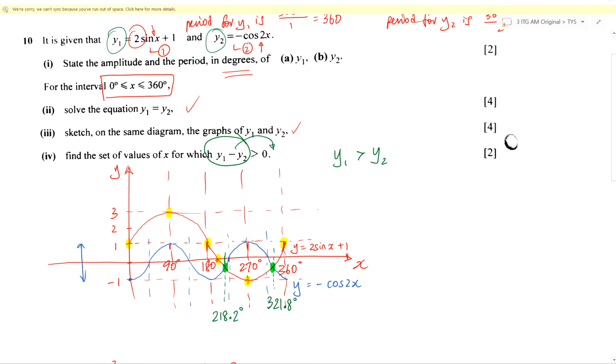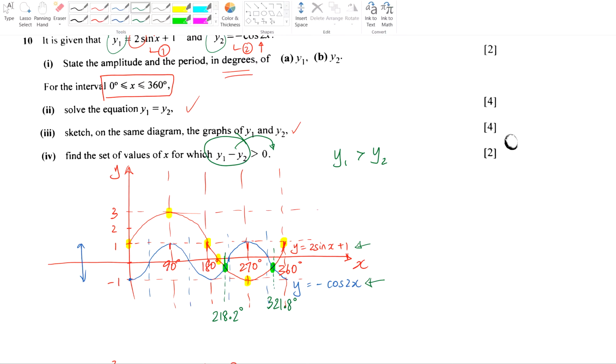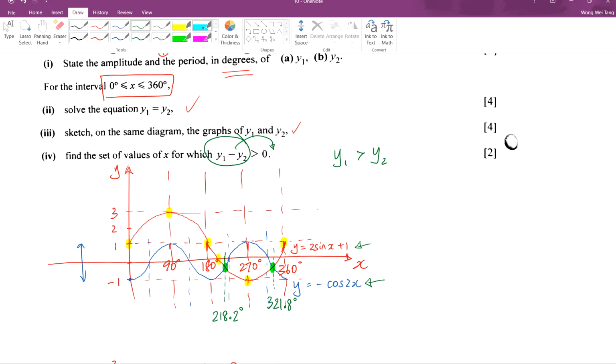That is, if you add y2 on both sides, which means they want the region where the graph of y1 is larger than y2, meaning the red graph is higher than the blue graph. So let's find the regions where the red graph is higher than the blue graph. I'm going to highlight it.